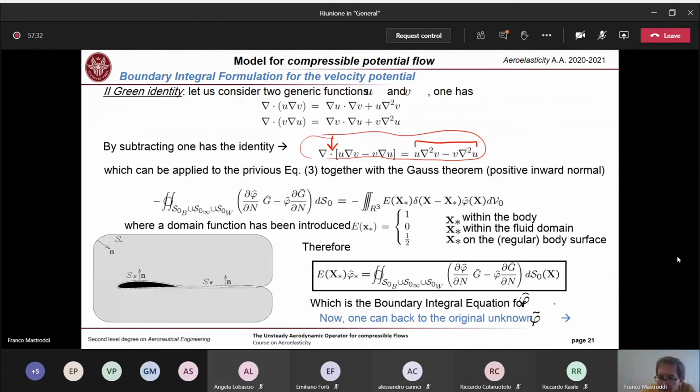We have that phi tilde is equal to phi hat times e to the power of Mach p x.